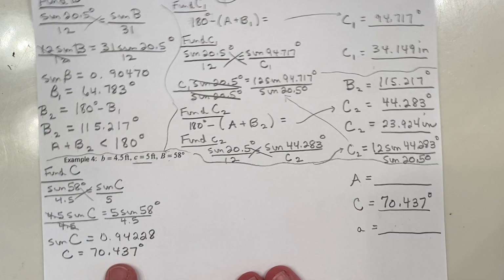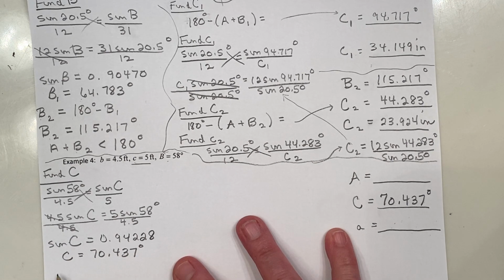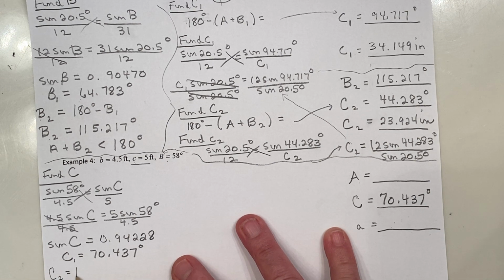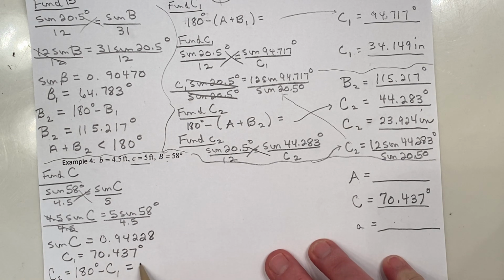All right, how do I know that there's a second triangle? Find the supplement. So let's call this C sub 1. Let's see if there's a C2. Well, C2 is 180 minus C1, which is 109.563 degrees.